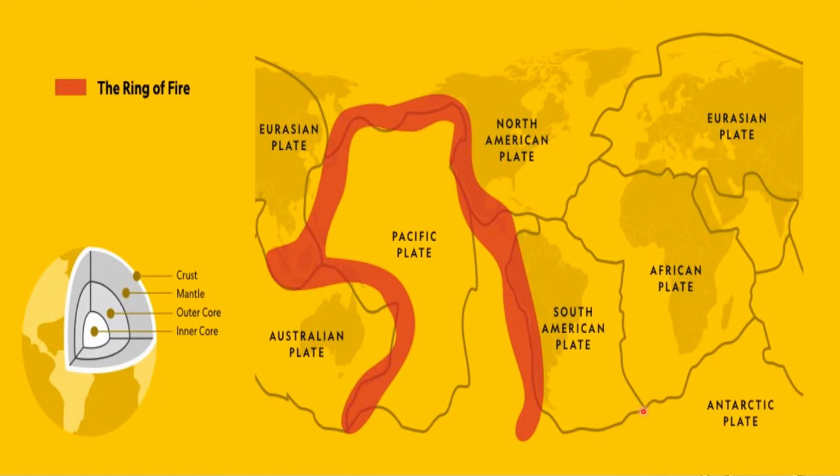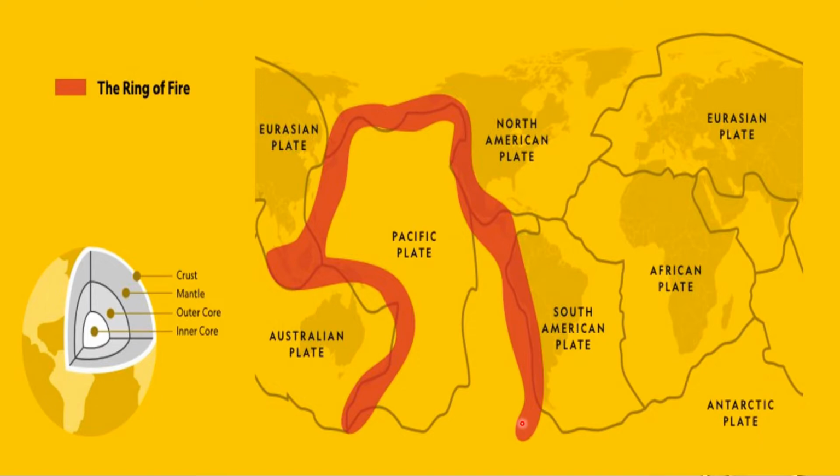About 75% of Earth's active volcanoes are around the Ring of Fire. This is a 40,000 kilometer chain of volcanoes and seismically active sites that circles the edge of the Pacific Ocean. There are 15 countries around or along this Ring of Fire.